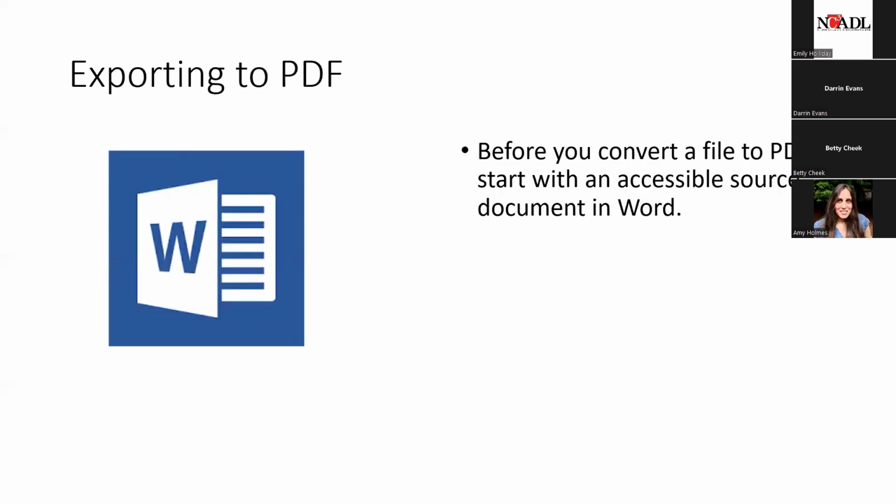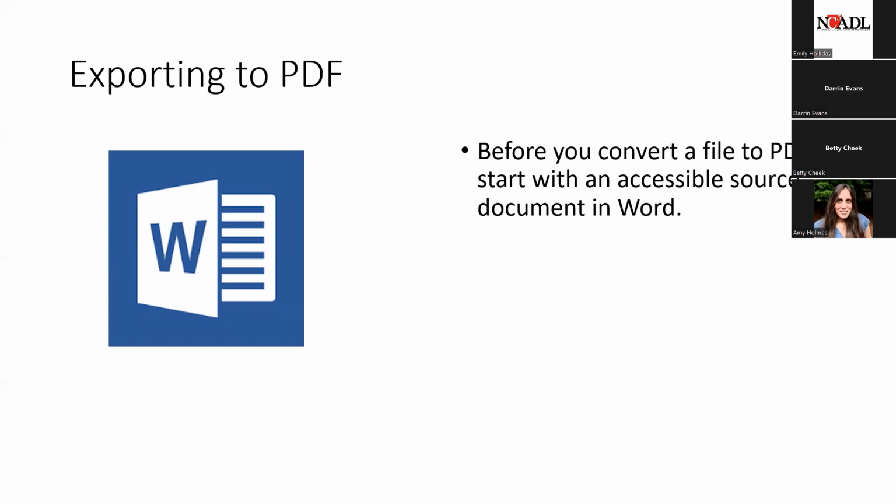Now, the first thing we want to start with, and one of the major problems we run into with PDF accessibility, is that people don't really understand creating accessible Word documents. So the easiest way to create an accessible PDF is to start with a good, accessible source document.